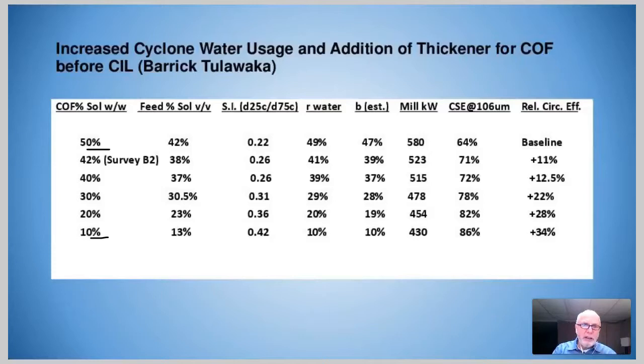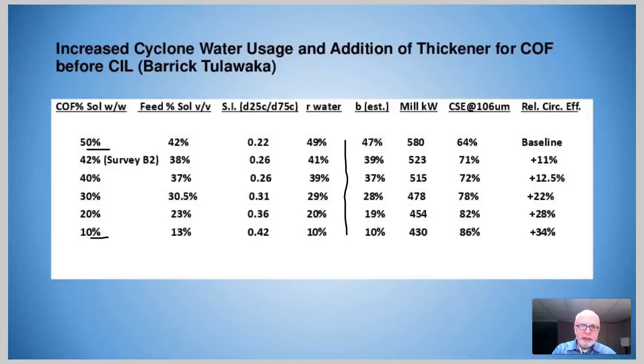If you look at the columns, the recovery of water, and B, the bypass, you can see they pretty much follow one another. Initially, the bypass was close to 47 to 49%. And as the water addition to the cyclone feed was increased and increased, the bypass was reduced all the way down to 10%.